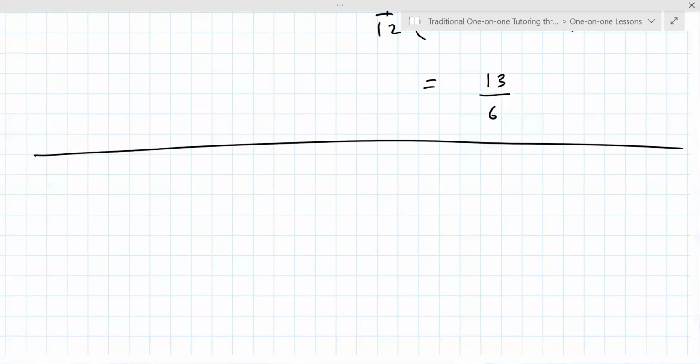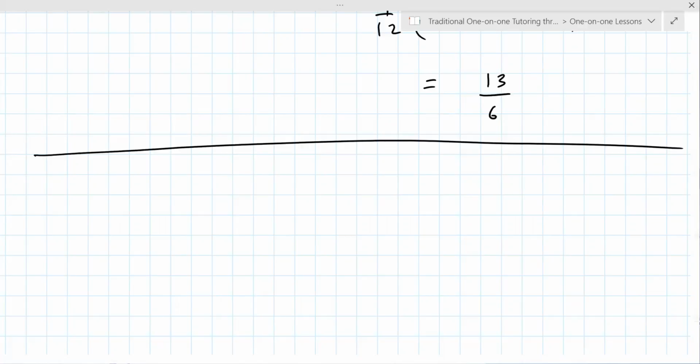So this is a common one you might see. Trying to find one here. That one doesn't work nicely.